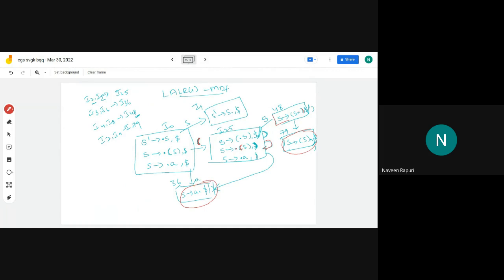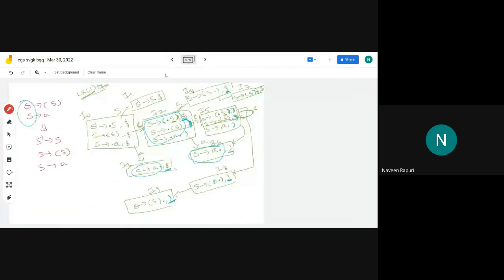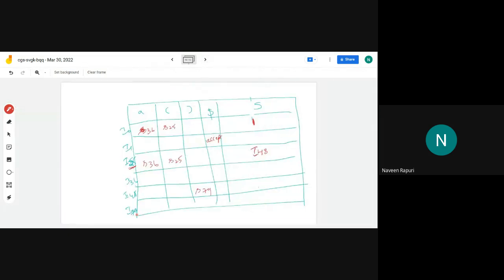So for these states, we need to reduce. Where we need to reduce, sir? Where the look ahead symbol existed. So that means 36 on dollar. That is the second production, that means R2. 36 on dollar, that is R2, sir.